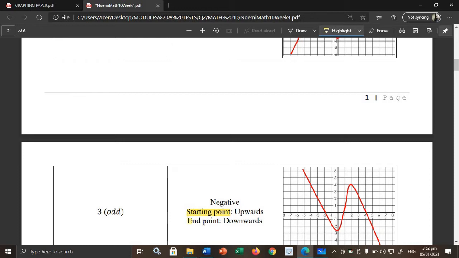And then the endpoint of the graph should be downwards or pababa na. And this is the sample graph of this condition. So yung starting point galing sa taas, and then the endpoint of the graph should be downwards or sa baba na dapat siya. So that is the sample graph of third degree functions.